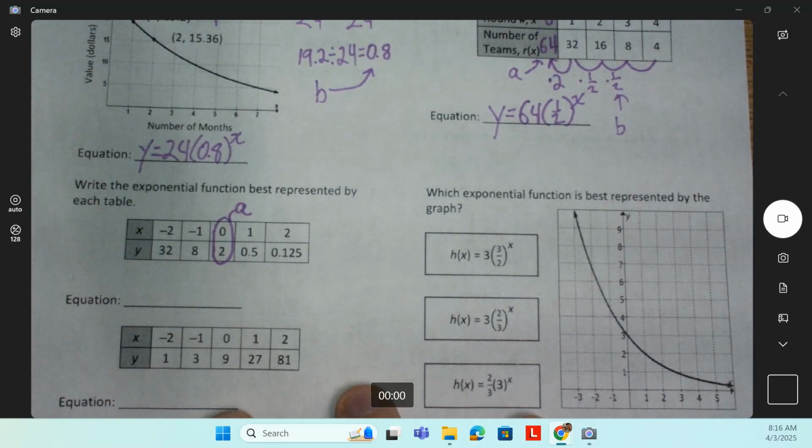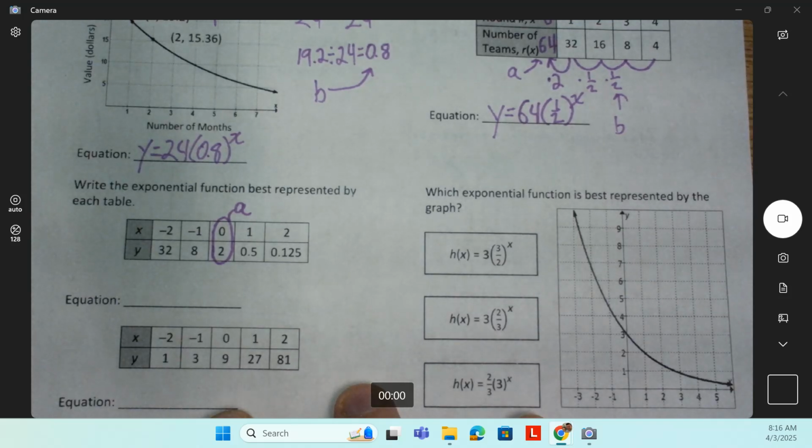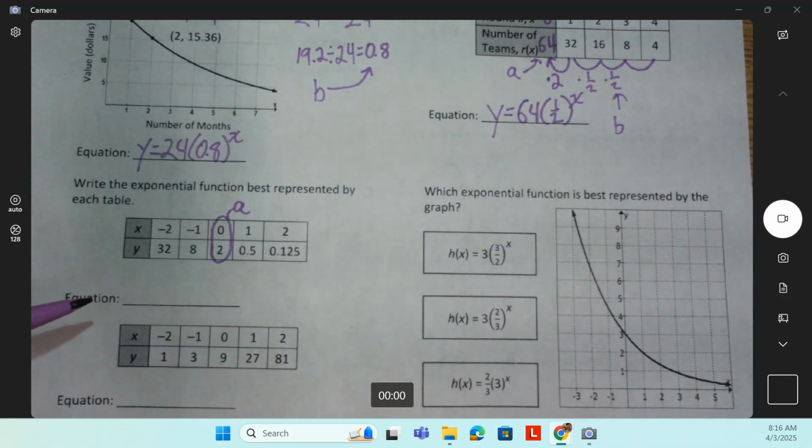But keep in mind that obviously when you're doing STAR tests, you're not going to have just tables that represent exponential functions. You could also have a quadratic function. You could have just a regular linear function.